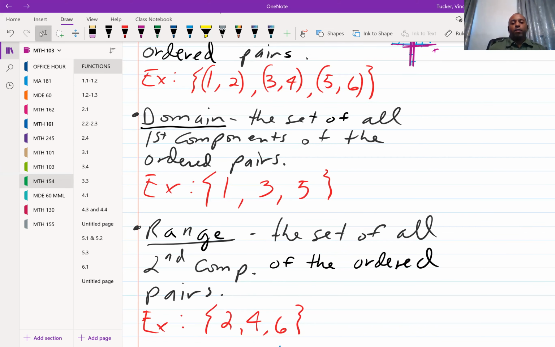And the range is the set of all the second components of the ordered pairs: 2, 4, and 6.